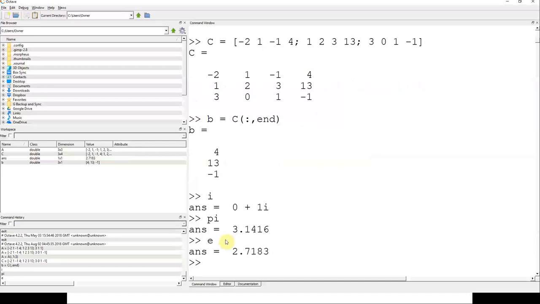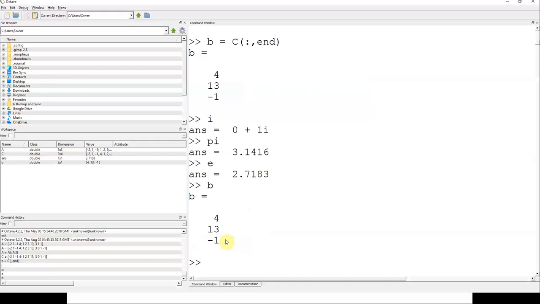So Octave has now stored B. Yes. If I just type B with nothing else, you're asking it to tell you what B is. But I'm just letting you know that there are some variables that you should not toy with.